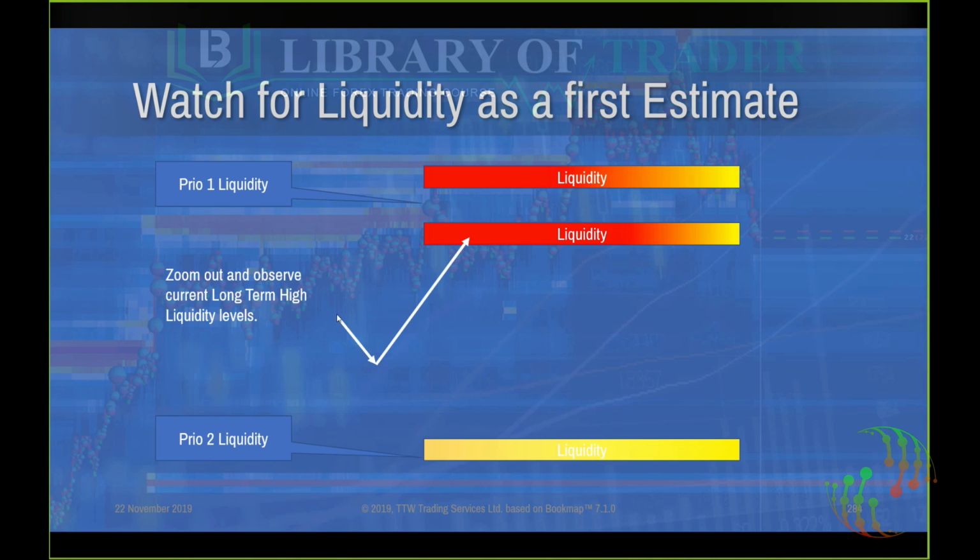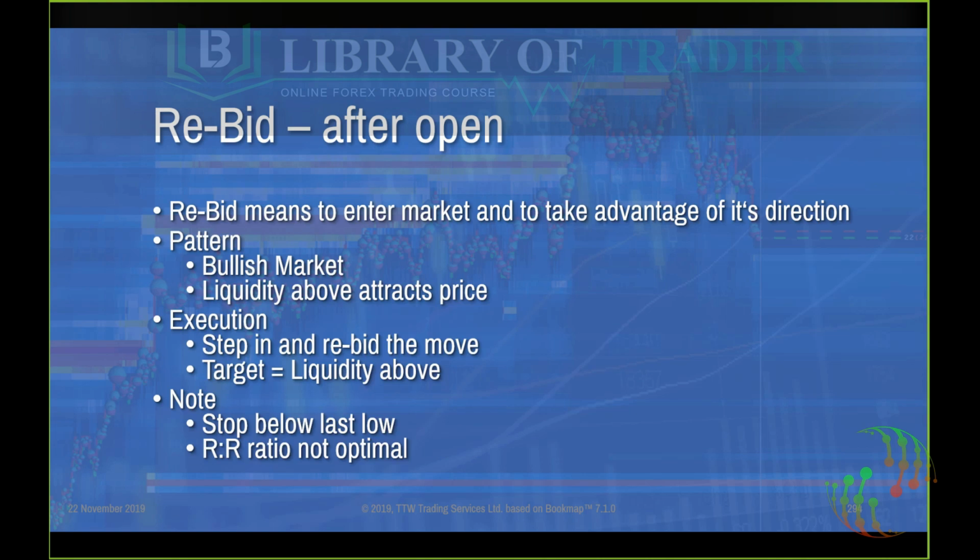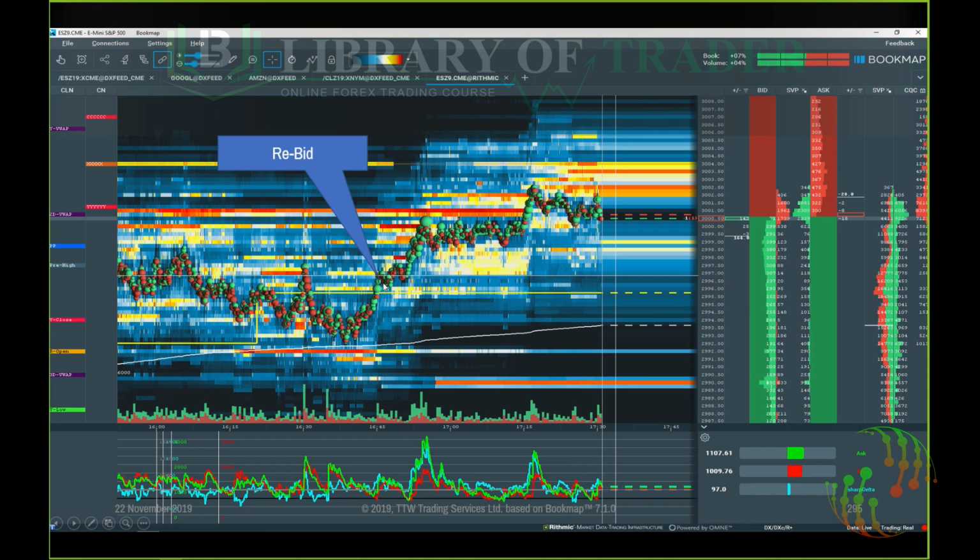Why obey sometimes? Step in and go with the market. Maybe this is a bit strange for you now, but I would like to mention it because it's fair to mention it, because it happens very, very often. So I'm calling it rebid. You can call it step in.